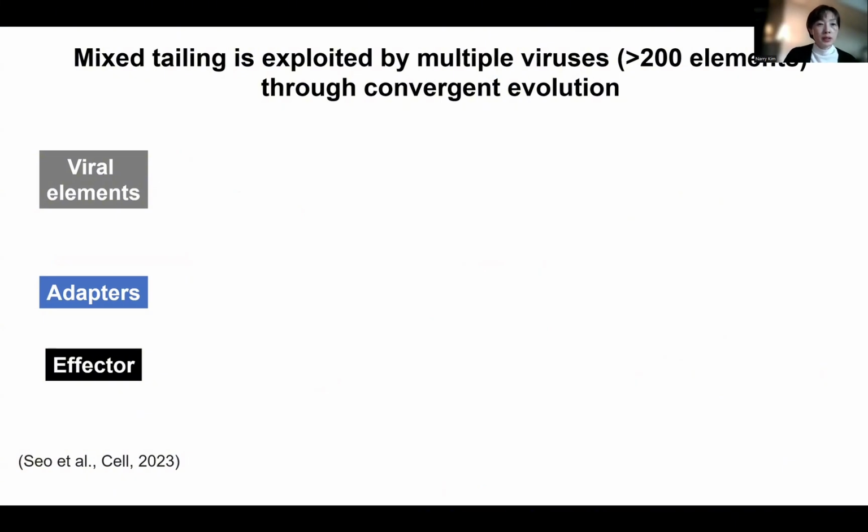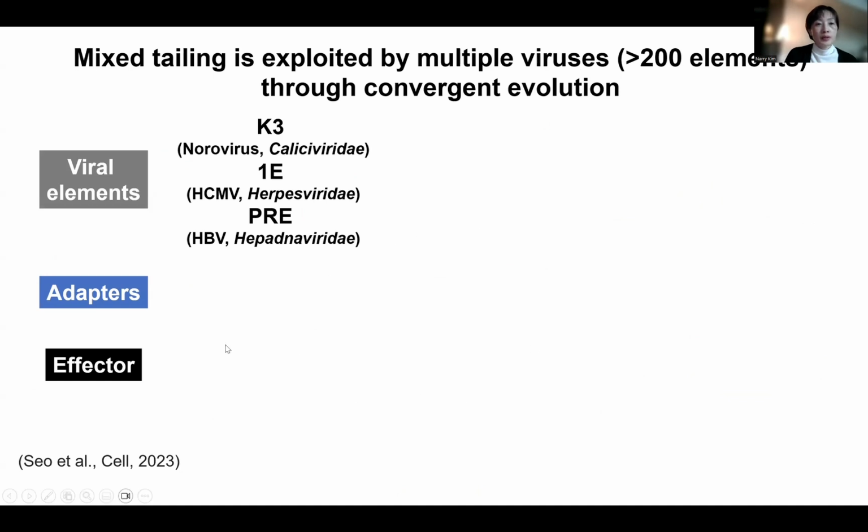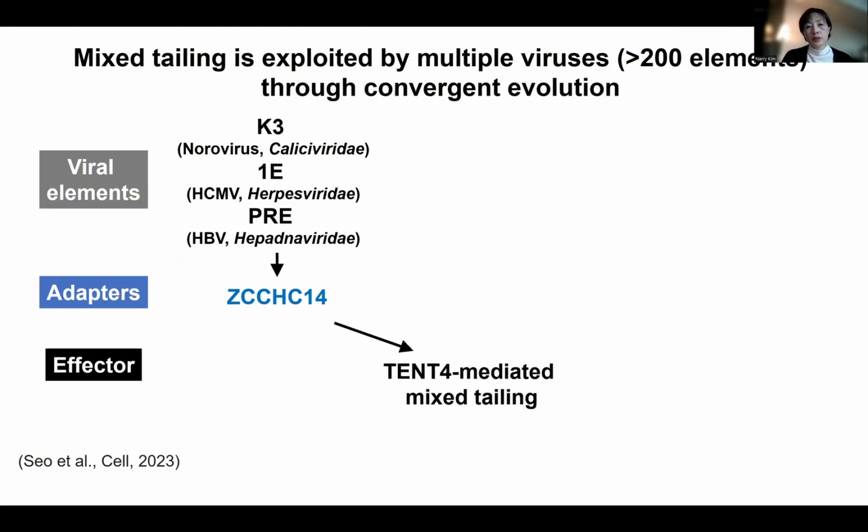To show you some examples, I already talked about HCMV and HBV elements, but we also identified K5 from a very distant viral species, norovirus. These elements interact with ZCCHC14 protein to recruit TENT4.